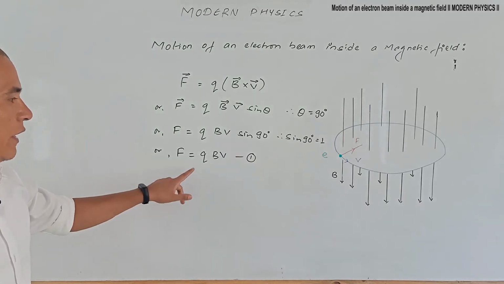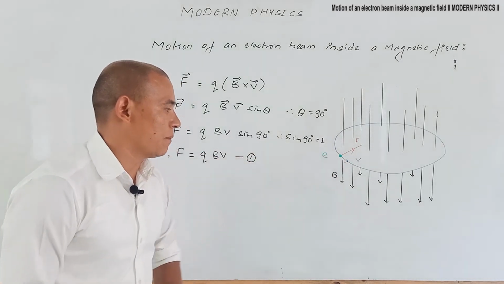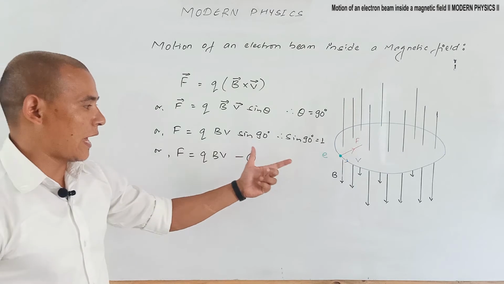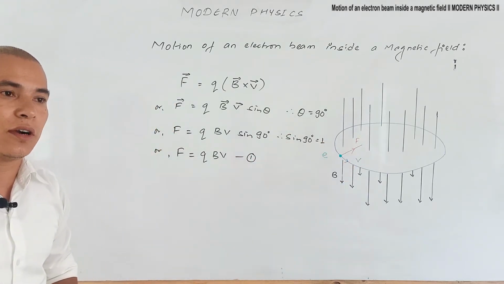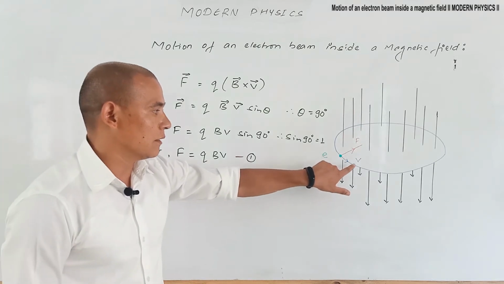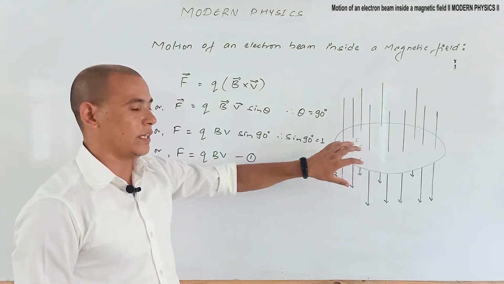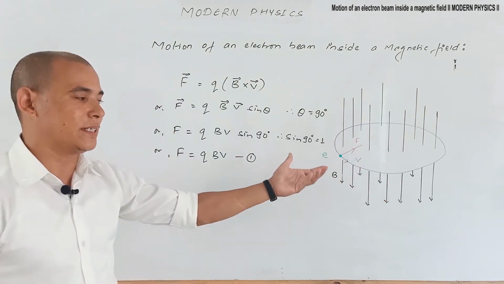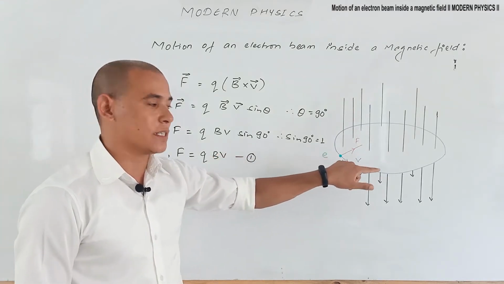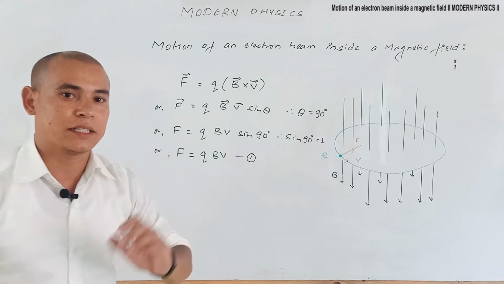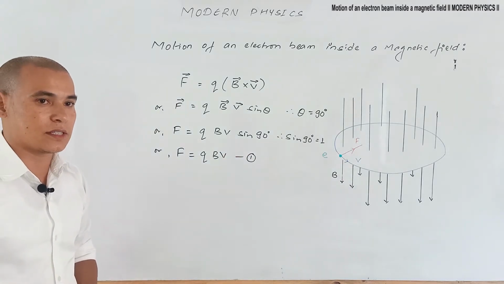When an electron moves inside the magnetic field, only its direction will change, but its magnitude will not change. I mean to say that the electron does not get accelerated or retarded. The direction of velocity changes at every position, but its magnitude remains constant.